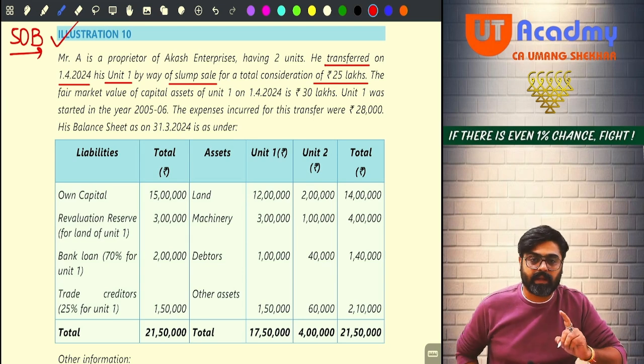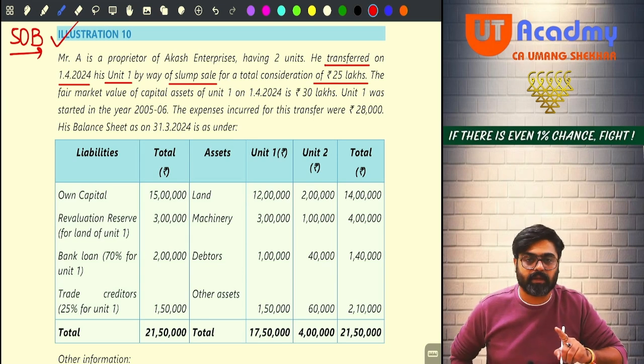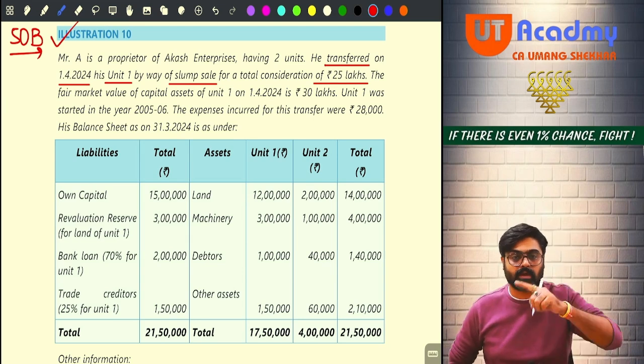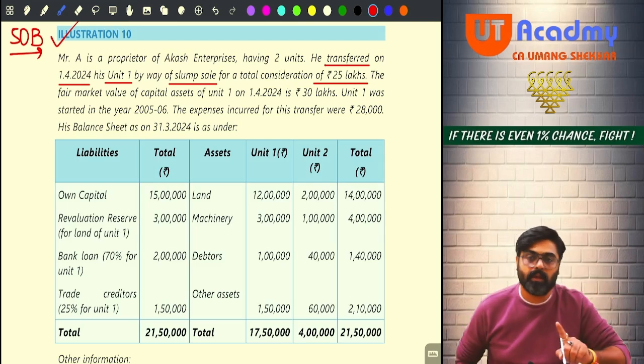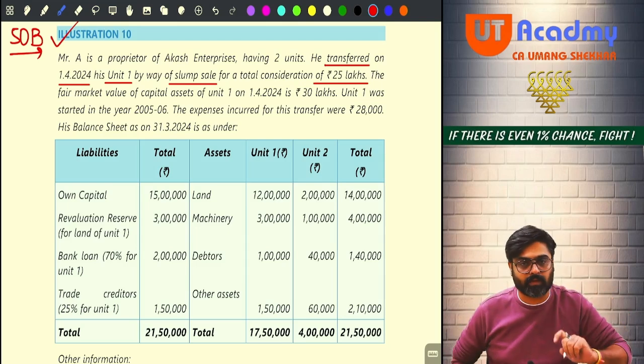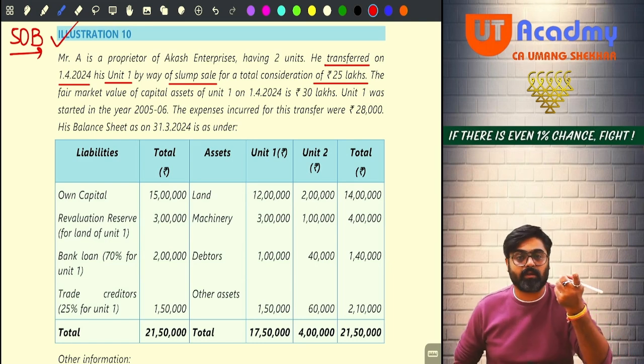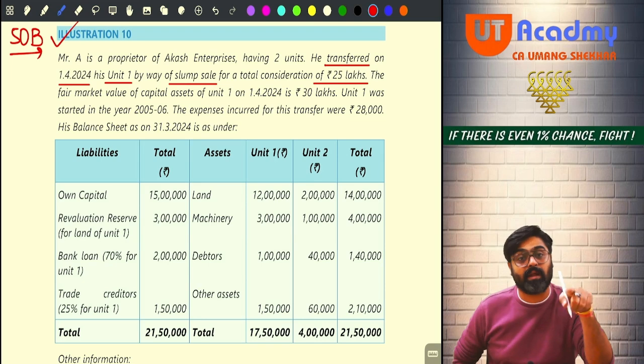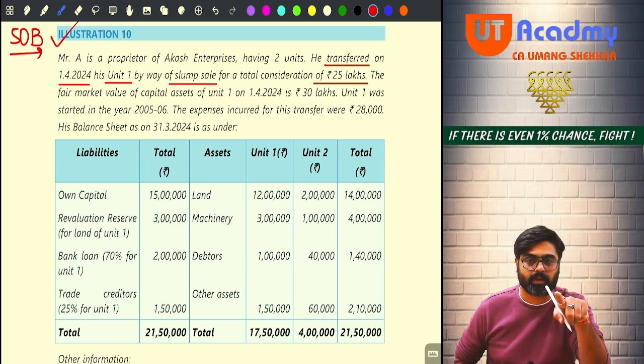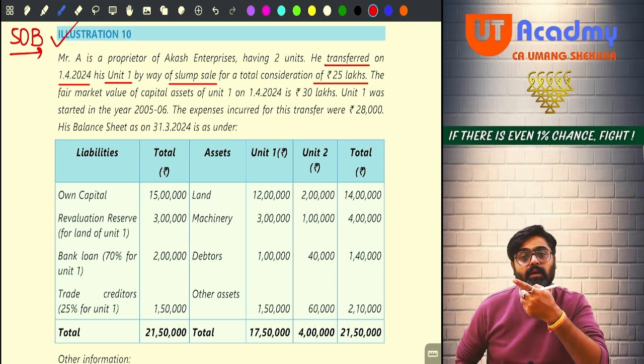So friends, 25 lakhs is the total consideration, meaning the lump sum consideration for transferring the entire business. So this will be treated as full value of consideration. But if the fair market value of the assets transferred in the slump sale is higher than this amount, then this amount cannot be taken as full value of consideration. We'll have to take the fair market value.